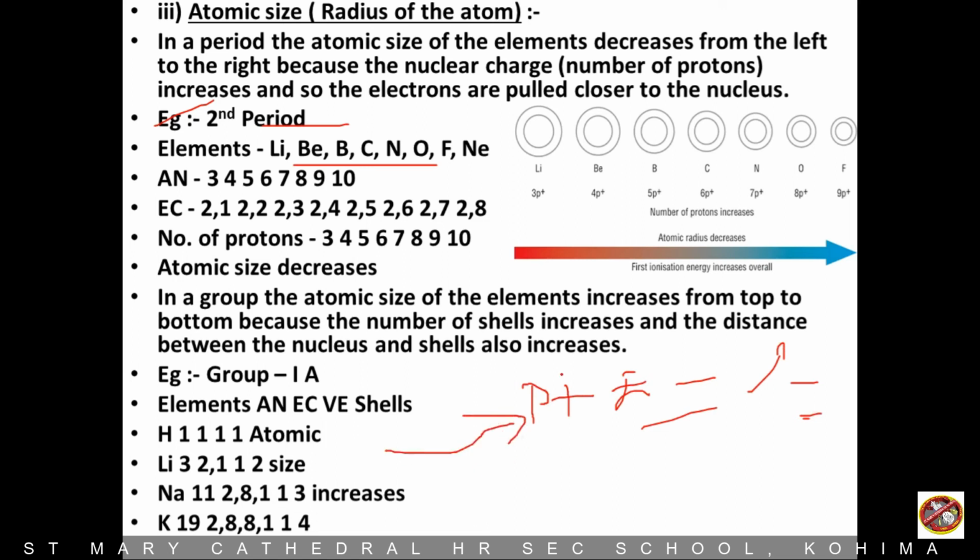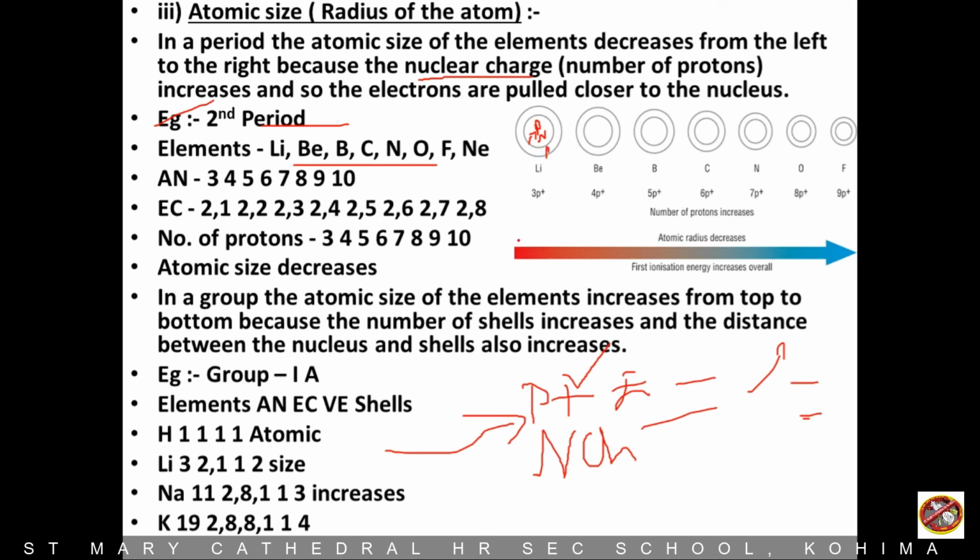If the number of protons, important term, is more, the nuclear charge gets stronger. Now when this nuclear charge gets stronger, the protons and neutrons get the tendency or strength to pull these electrons, this valence shell, closer to them.